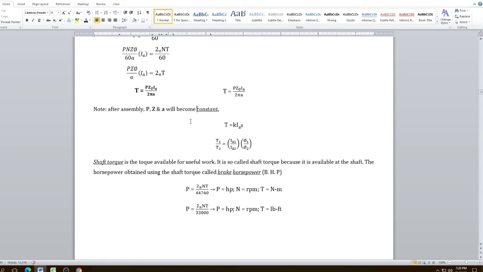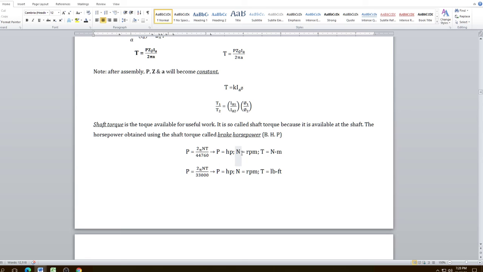So the formula will become like this: torque is equal to K, which is the constant P Z over 2 pi A, times what is left, the armature current times the flux.